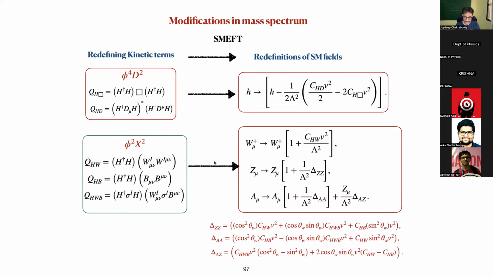For example, if you add dimension 8 operators, you will see the Goldstone masses are 0 up to 1 by lambda^4, but you will generate some term proportional to 1 by lambda^6. That's how these things work, and it's true for the fermions and the photon also. But in this particular case, if you calculate, you will get exactly photon mass to be 0. So there is no problem with gauge invariance; we are consistent with gauge invariance, and one really doesn't need to worry. Okay.